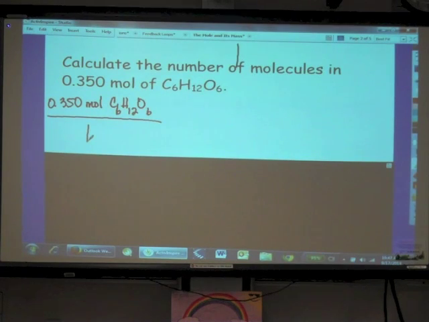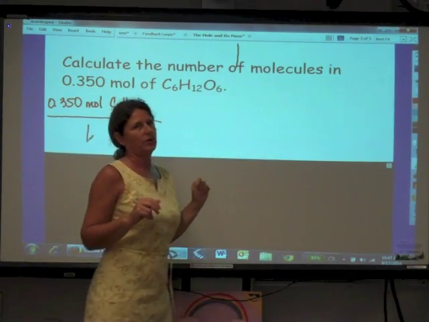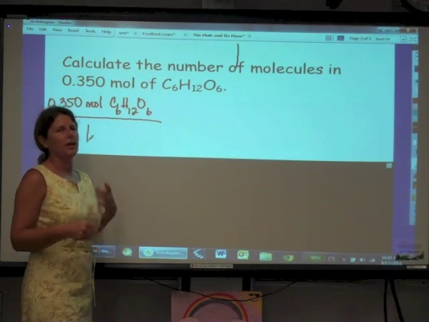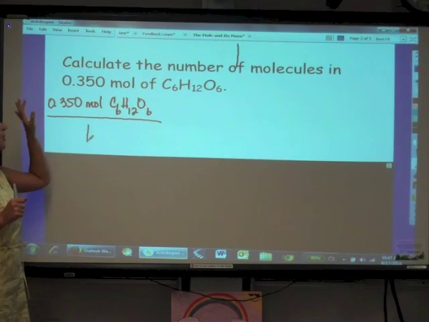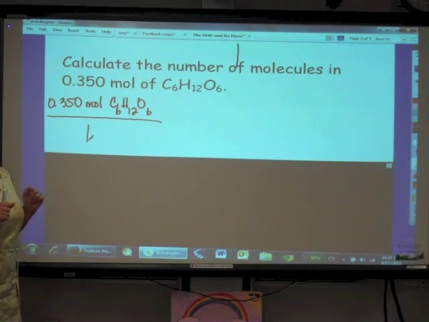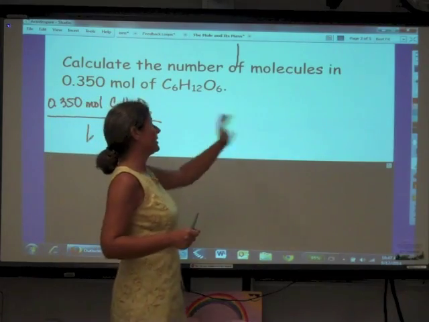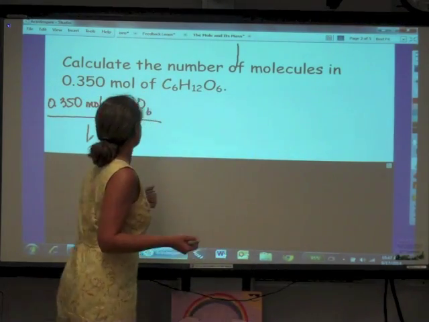And now what we need to think of is we are looking for the number of molecules. What is a new conversion factor that we have learned today that can take us from moles of something to the number of pieces of something? Either the number of molecules or the number of atoms.